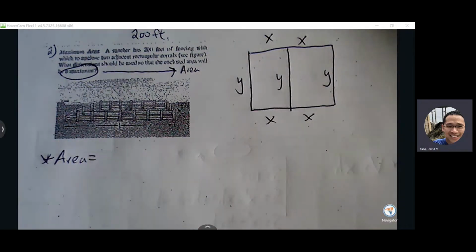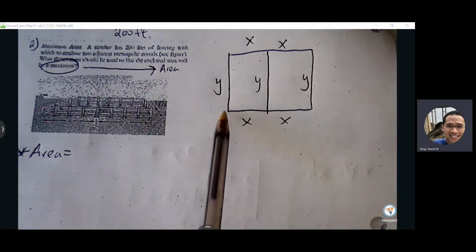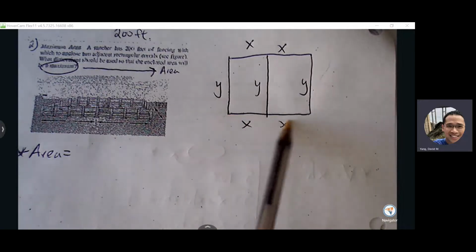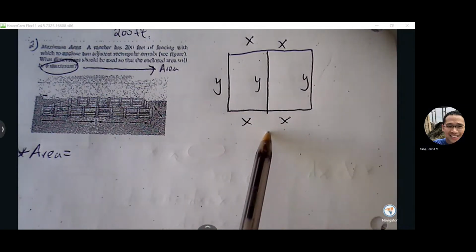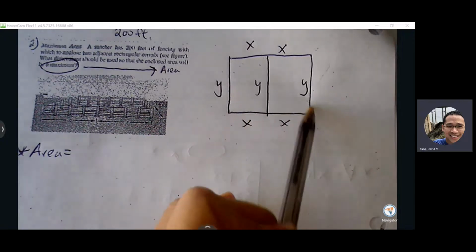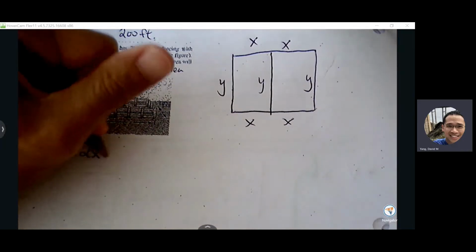What's the area of this fenced off region? Close. Length times width, right? What's the length? Not x squared. 2x, right? X plus x, right? So length is 2x. Height or width is y, so just 2x times y.